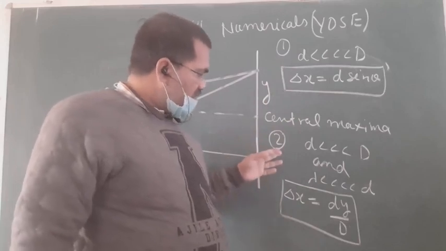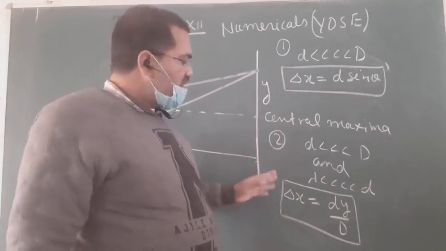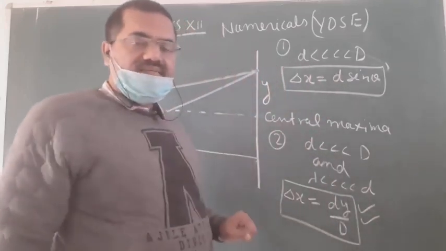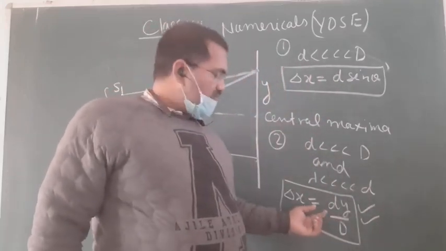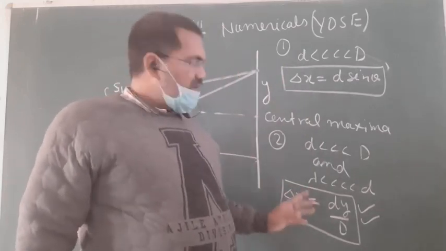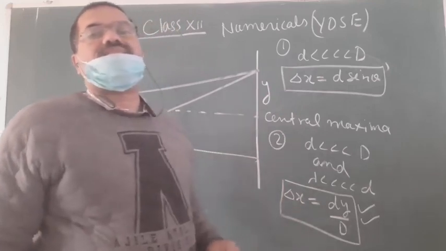In this there are two assumptions. This is the most important formula; 90 to 95% of questions are asked from it. So you have to remember both formulas, but this one is most important.